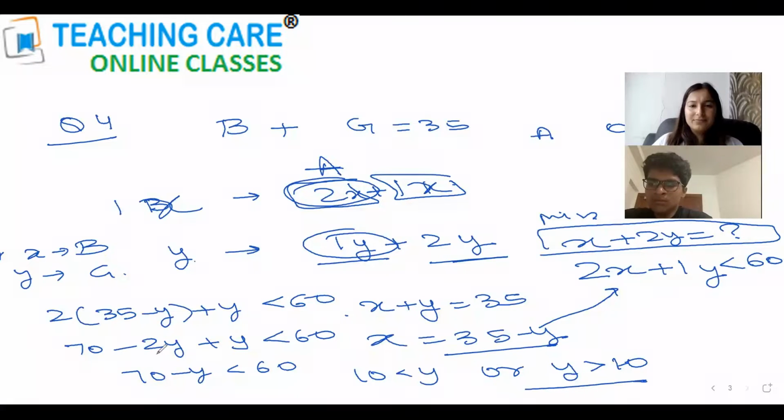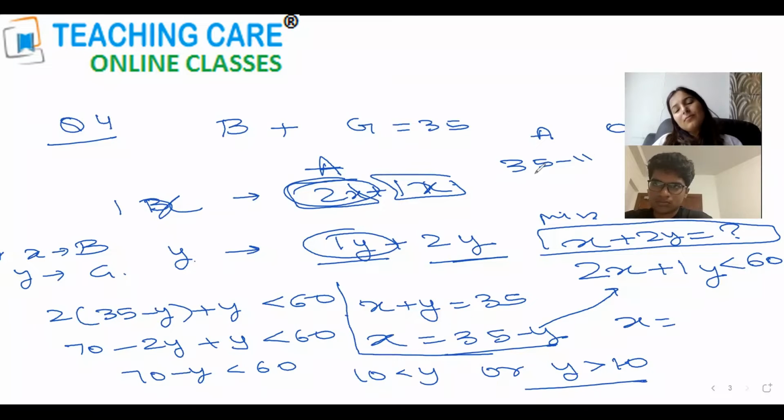Just have a look till here. And if y is greater than 10, x has to be, let's say if y is 11, then 35 minus 11 will give us 24, right? So x can be 24, 23, 22, anything. So what maximum can we take for y? If y is 35, then x would be 0.